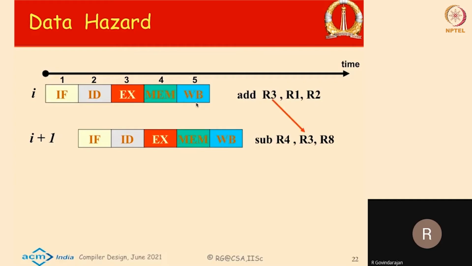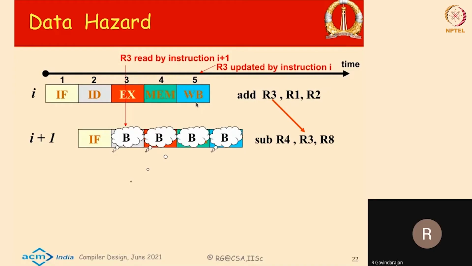So this kind of problem is because of this true dependency between the ith instruction and the I plus 1th instruction, right? The value of R3 is being updated only in cycle 5, whereas you are trying to read it for the I plus 1th instruction in cycle 3, and this causes a problem, and therefore the pipeline has to be stalled, because if you want to read the value meaningfully, you have to wait until cycle 5.